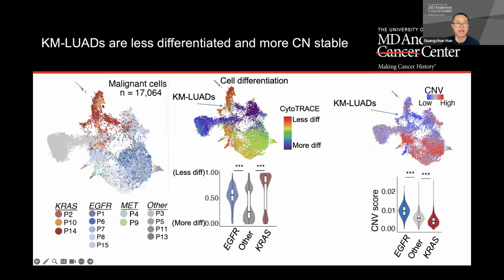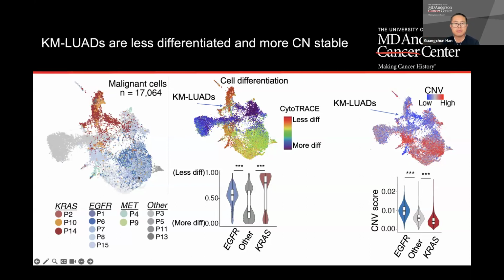On the very left, I show the same set of malignant cells on a UMAP, showing the difference at the mutation group level. For example, the KRAS mutant ones are on the top part, the wild-type ones on the other part, and particularly you will see the EGFR mutant ones on the bottom right part.